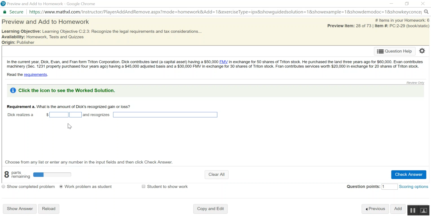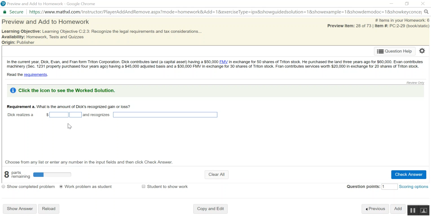And we know that under 351, control has to occur after the exchange takes place, and control is defined as at least 80% ownership of all classes of voting stock by the transferors immediately after the exchange of property in exchange for their stock.